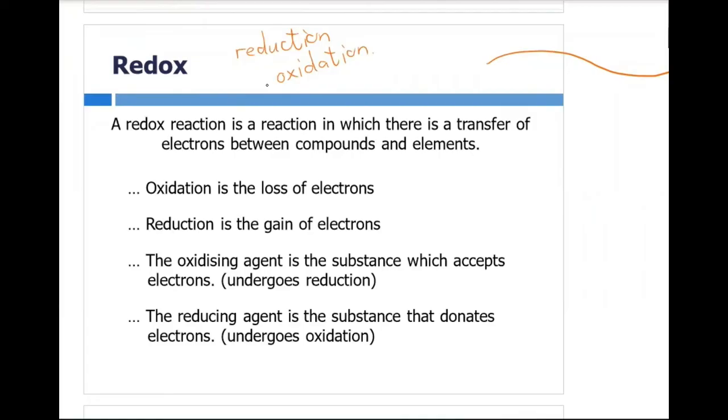One cannot happen individually by itself, independently, and very often one has to happen first in order for the other reaction to take place. So the name redox reaction comes from the reduction and the oxidation reactions that are present in this process. A redox reaction is a reaction in which there is a transfer of electrons.